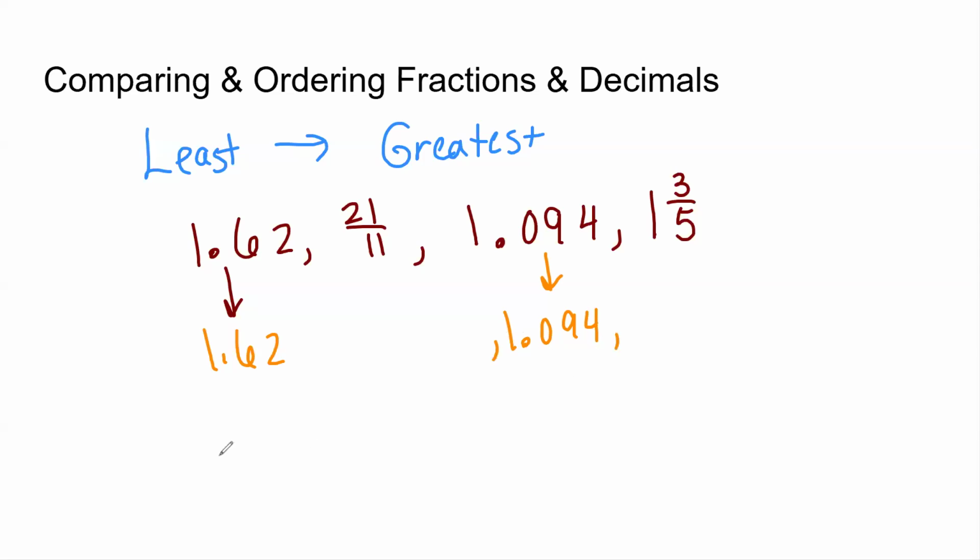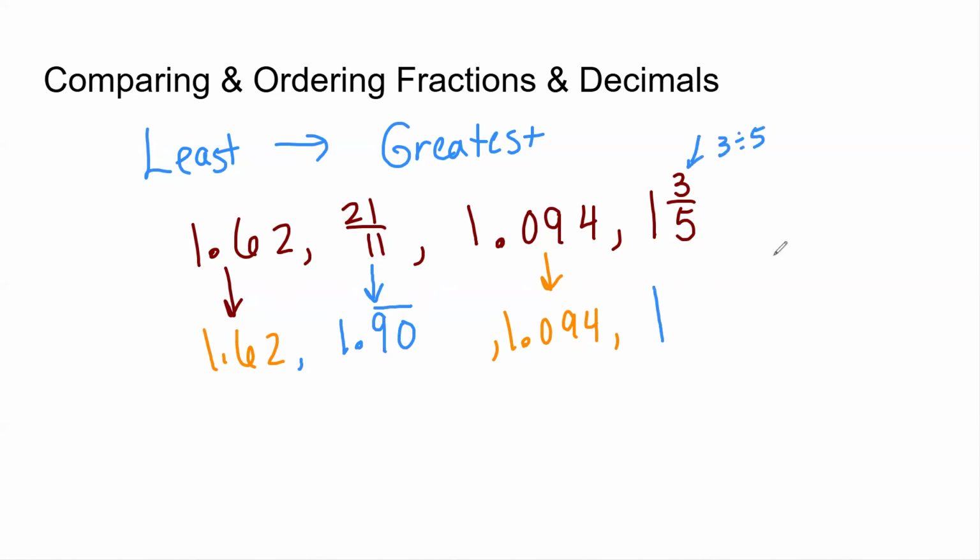Either calculator or scratch paper for long division. That middle one, you're going to do 21 divided by 11. When you do that in the calculator or long division, it is a repeating. It's 1.90 repeating. It keeps going 909090. And then on the last one, keep the 1, and in the calculator, just do 3 divided by 5.